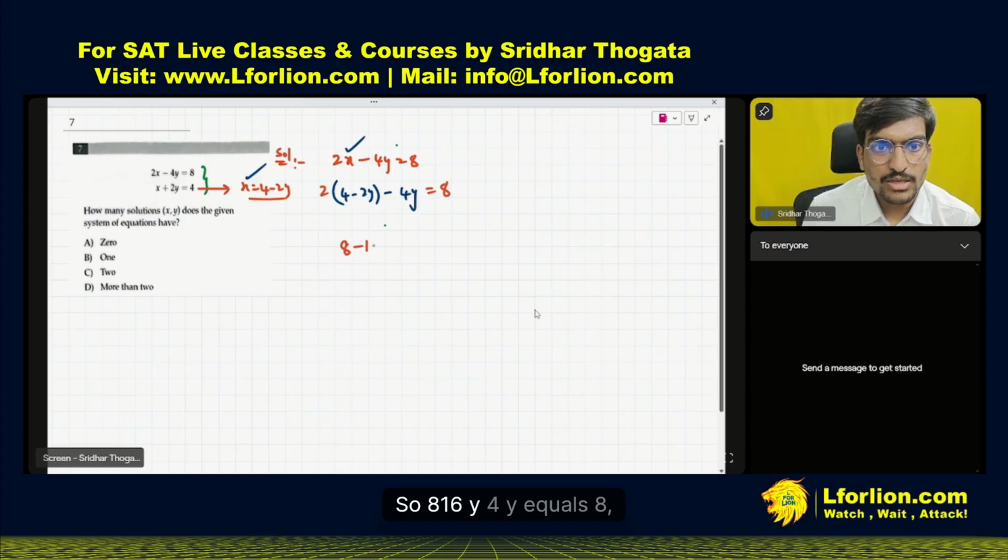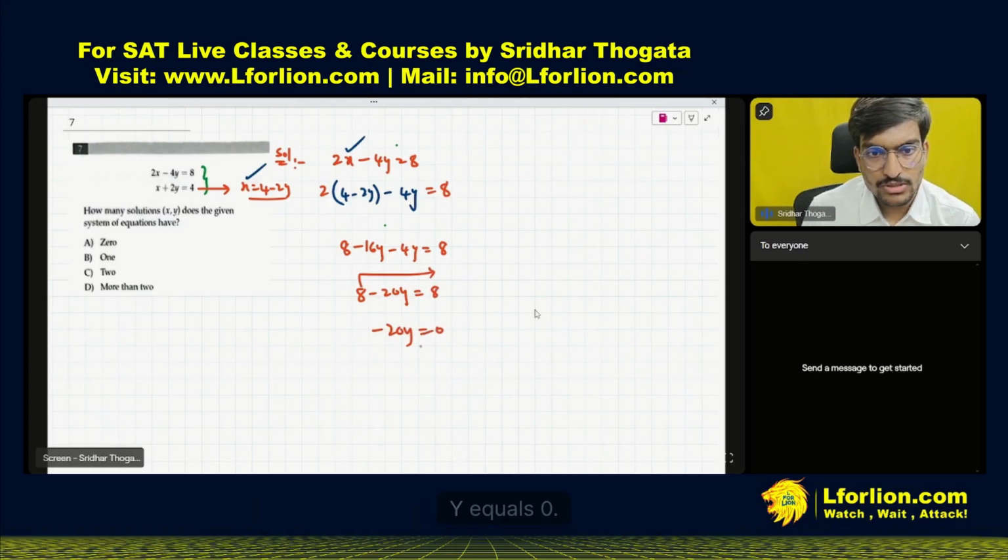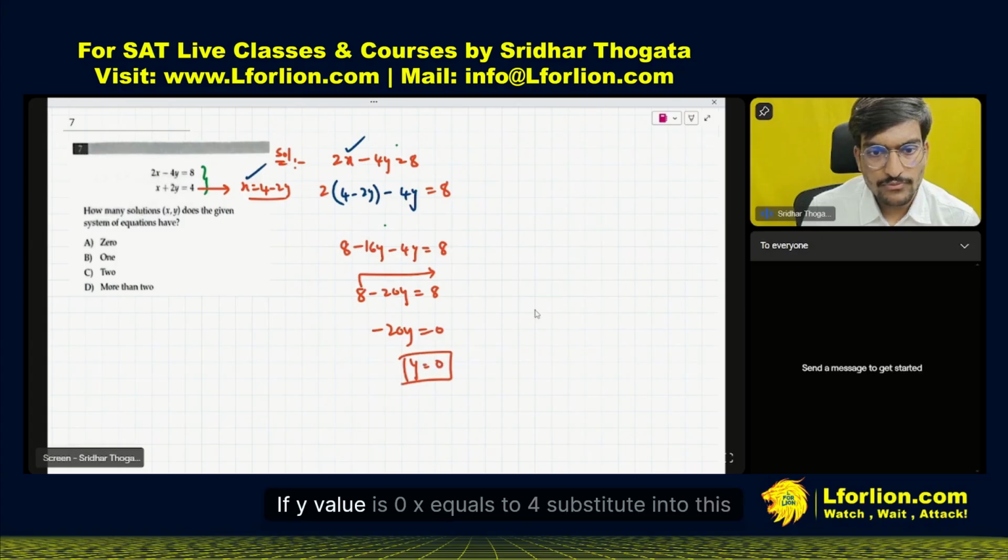So 8 minus 4y minus 4y equals 8. So 8 minus 8y equals 8, and then minus 8, that's going to be 0, y equals 0. If the y value is 0, x equals 4.